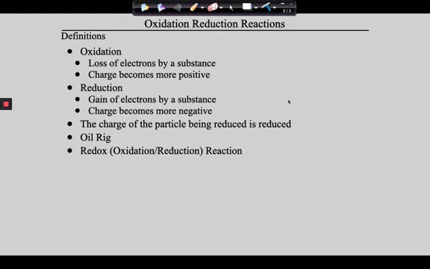So you can't have oxidation without reduction, and vice versa. You can't have reduction without oxidation. Something has to be losing, something has to be gaining, and bringing those together, we call these redox reactions. And we call this redox chemistry. So guys, a redox reaction then is a reaction in which electrons are being exchanged between substances.